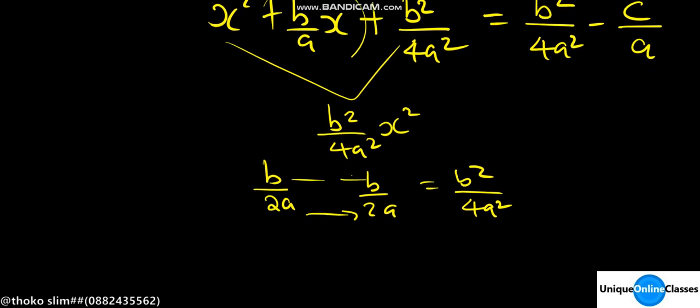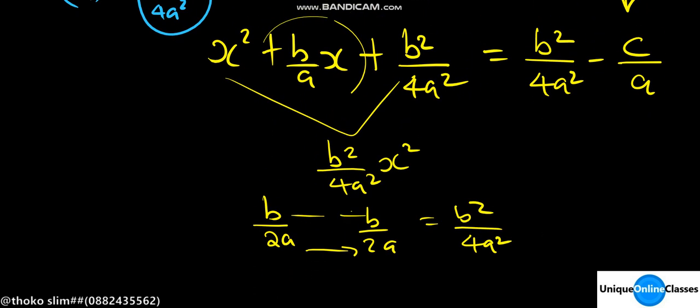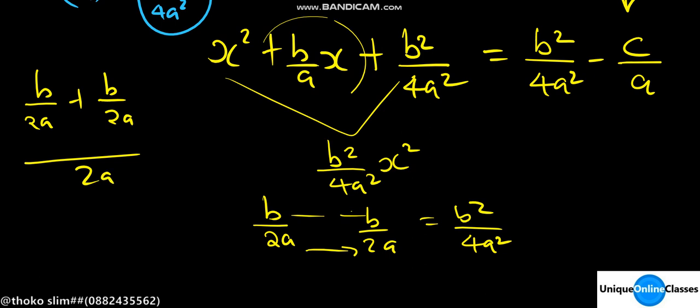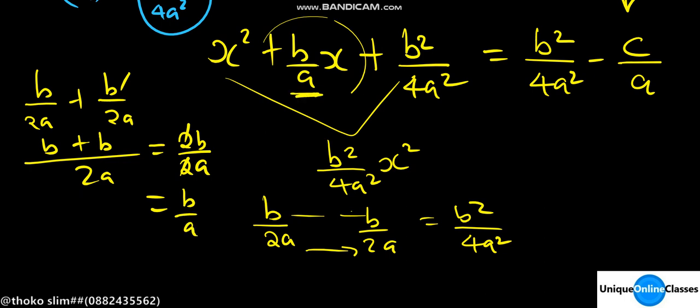So instead of writing b over a, if we add b over 2a plus b over 2a, common denominator, that's 2a. 2a into 2a, that's 1 times b, that's b. The same applies here, that's 1 times b, it's b. So here you have 2b over 2a. After cancelling the 2's, we are going to remain with b over a, which is the middle term here. So instead of writing b over a x, we are going to write b over 2a x.